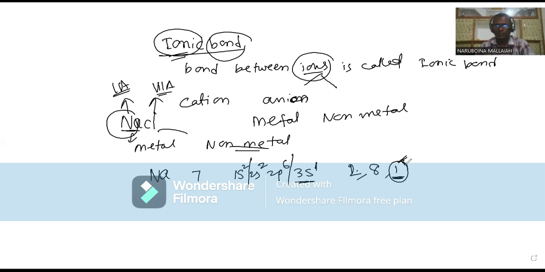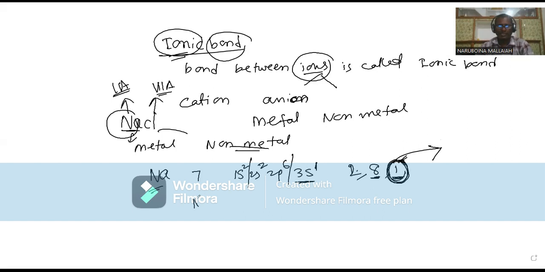One extra electron is present in the outermost orbit of sodium. If it loses this electron, it is left with 8 electrons in its outermost orbit. So that's why it loses this electron to become positively charged and get stability.